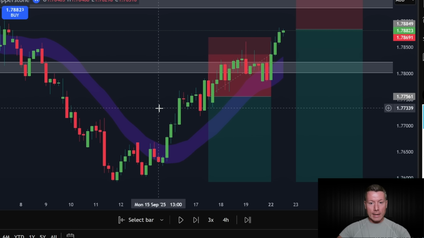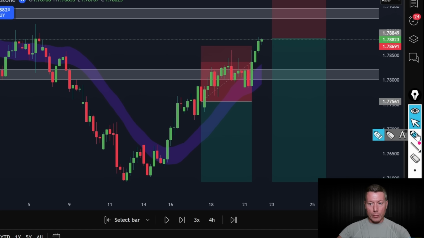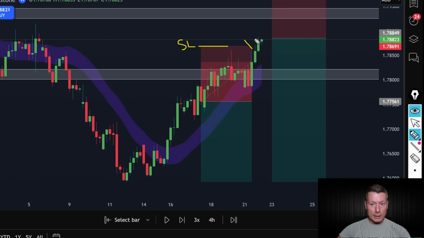Now, we don't know if price is going to react at this level and come down, but what we do know is that this is a nice level. If you had a normal stop loss here, and you were risking 1%, you would be knocked out of this trade for -1%.